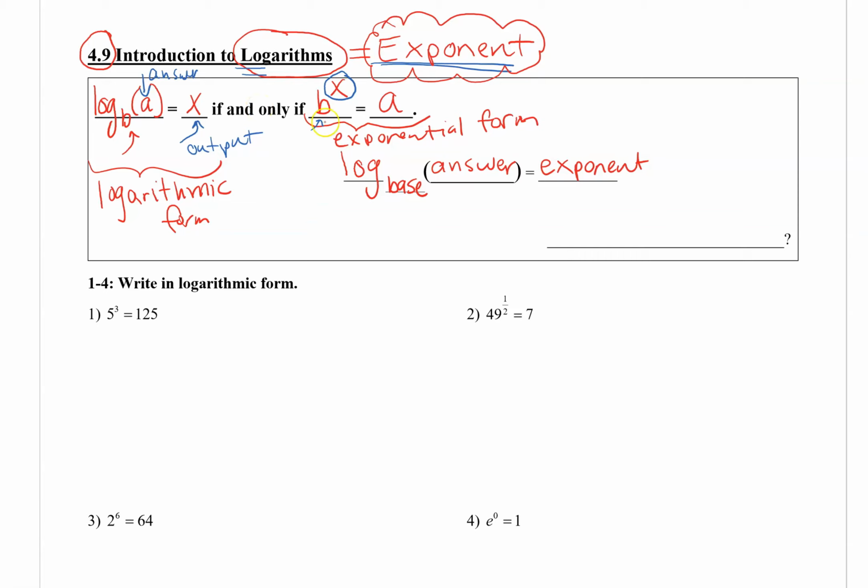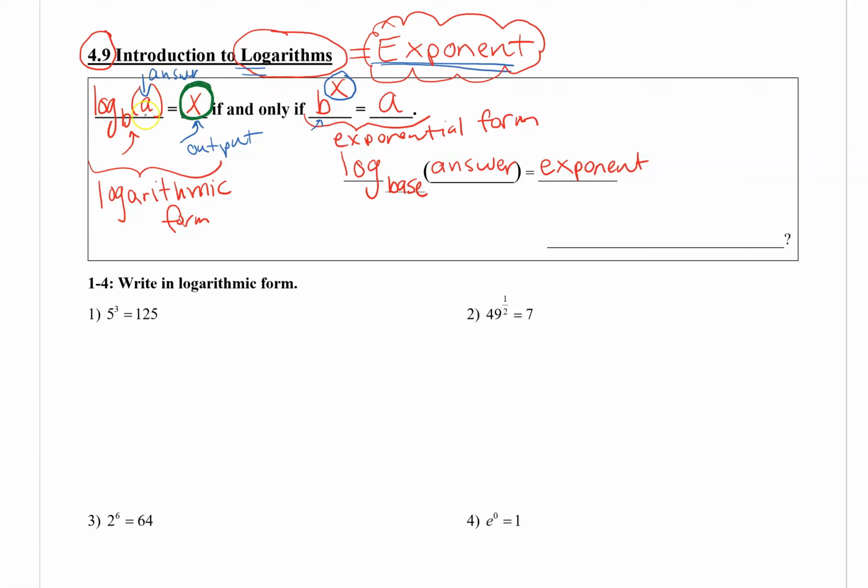They are saying that if you were to take a base b, raise it to a power of x, the outcome or the answer to that would equal a. Both of these are saying the same thing, but the logarithmic expression is placing all the emphasis on the exponent. The base has sort of been demoted as a subscript, and the output is the exponent. So it's kind of popping out the exponents.